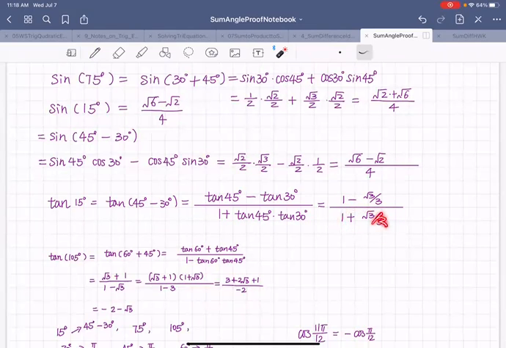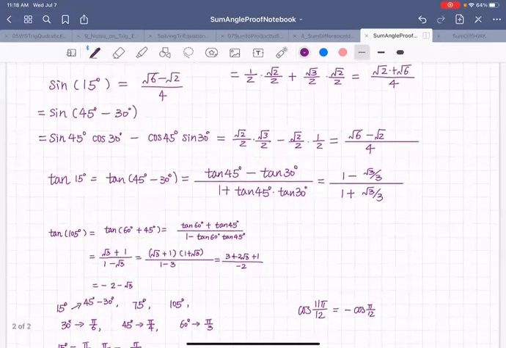But this has a fraction, so I would like to times 3 for top and bottom first, okay? So that becomes 3 minus square root 3 over 3 plus square root 3. So we times 3. So this is 3, this is square root 3. And then this is 3 plus square root 3, correct? Yes.